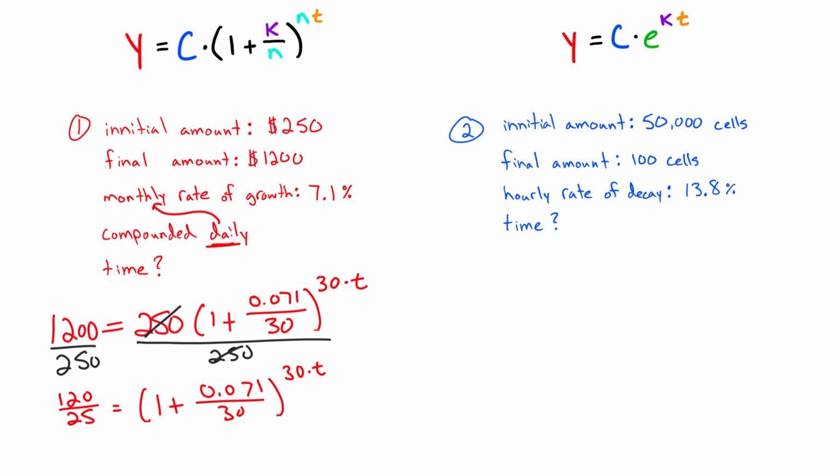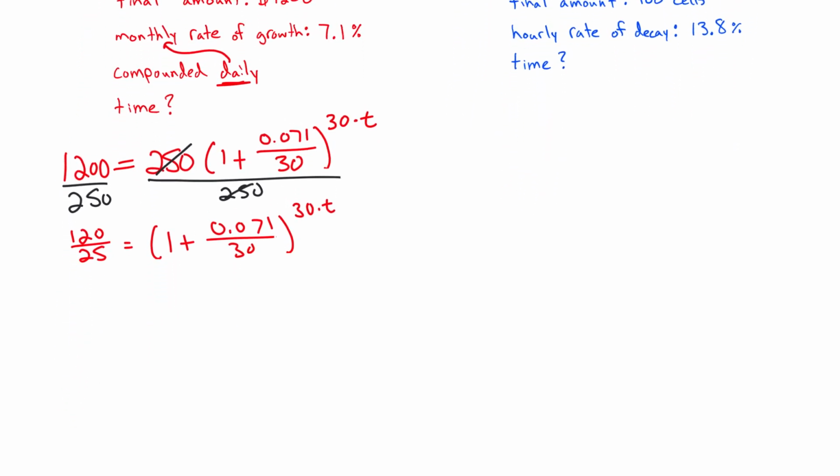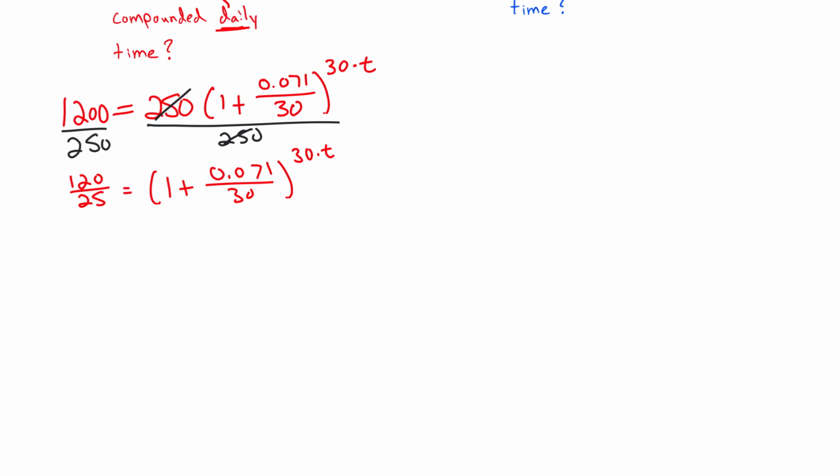Now that I have the exponential portion isolated, I can use my conversion process to turn that exponential into a logarithm, because what I want to solve for is an exponent. So I'm going to convert it using our conversion process. A to the b power is equal to c can convert into log base a of c is equal to b.